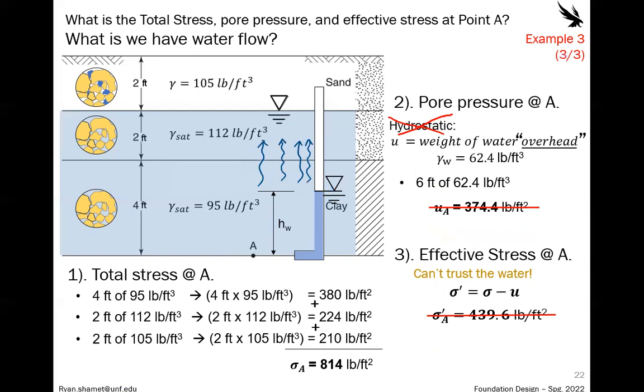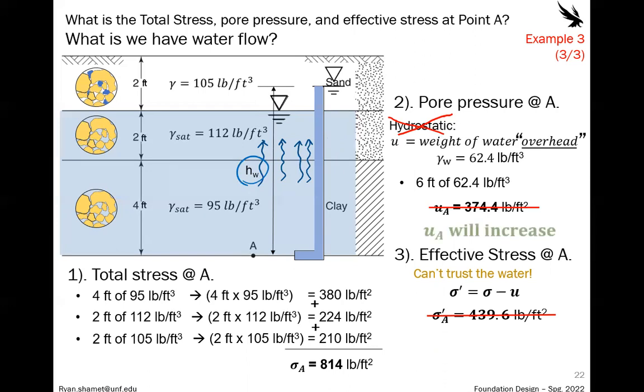If we have the other way around, and instead now we have water going from point A up, that would mean that our pressure at point A is higher, that head, that HW is no longer less than 6 feet, it's greater than 6 feet. So here, it's kind of hard to see, but our HW now is greater than 6 feet.